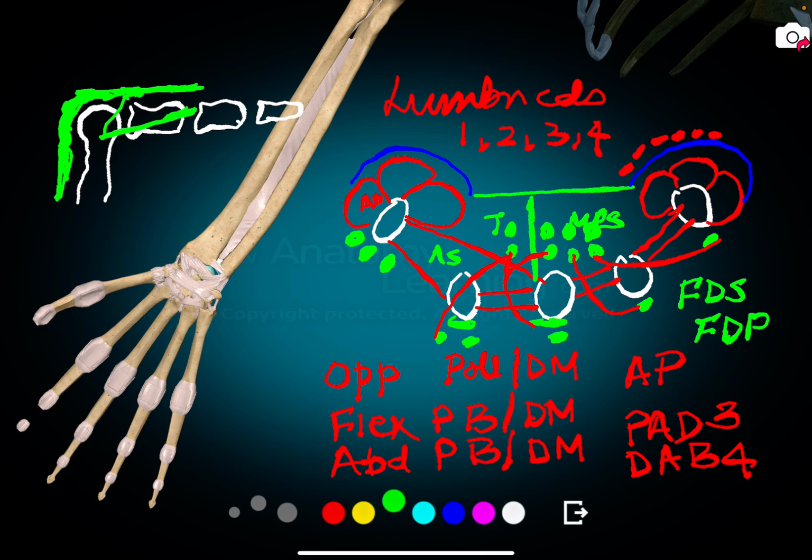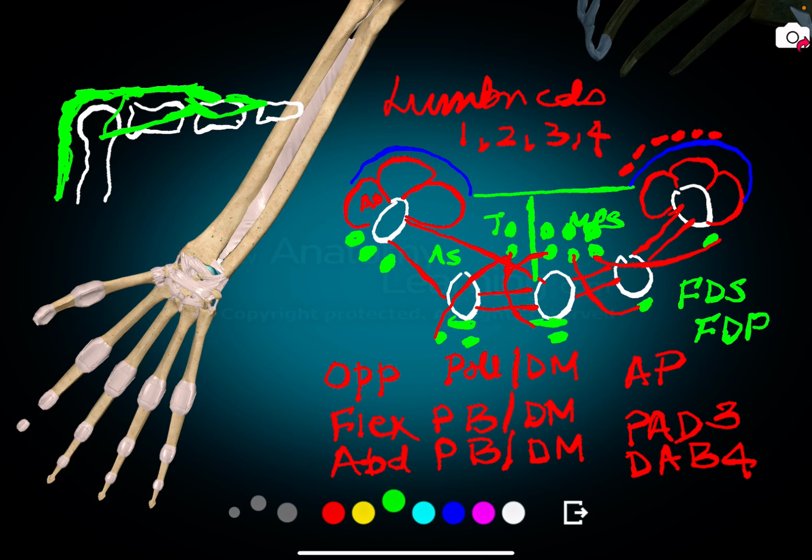Now this triangular expansion, the center of it will get inserted into the intermediate phalanx, extending the PIP, proximal interphalangeal joint, and the sides of it from both sides will go and get inserted into the distal phalanx, extending the DIP joint.